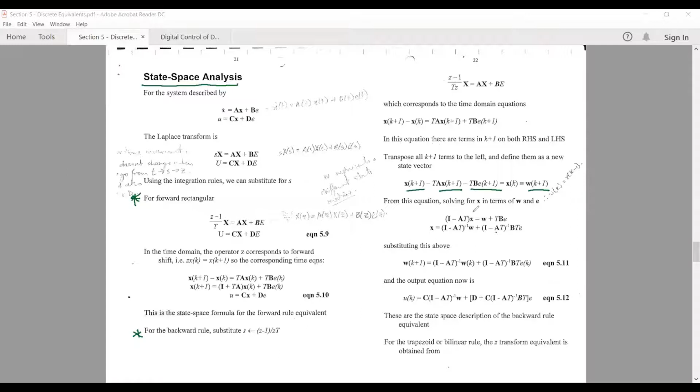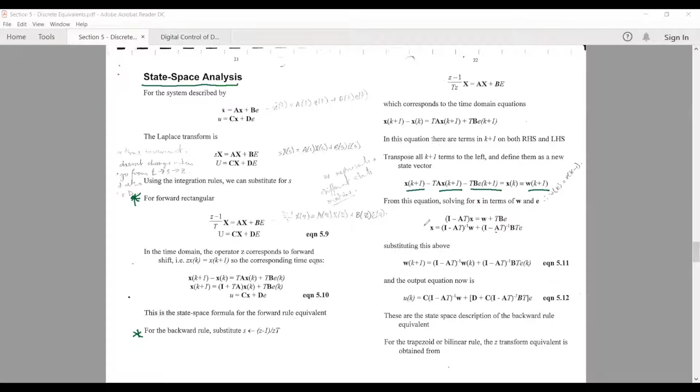So using that, we take e to the other side, so it will be (I minus tA) times x is equal to w plus tB times e. Now we solve for x here. So x will be equal to (I minus tA) inverse. This is in matrix form.